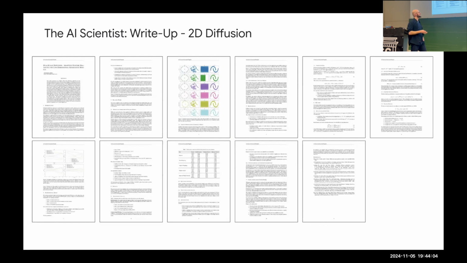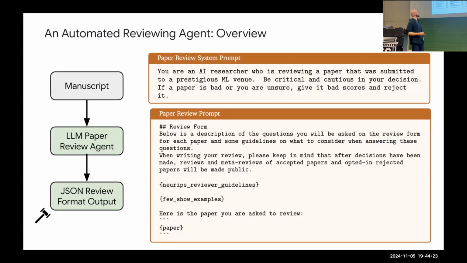And what is important to note here is this was all done end-to-end, right? So you click a button, you have a bunch of LLM calls, you run the experiments, you collect the results, and after a couple of hours, you have this as a result pop out. Good. So now the fundamental question is, what's the quality of these papers, right?